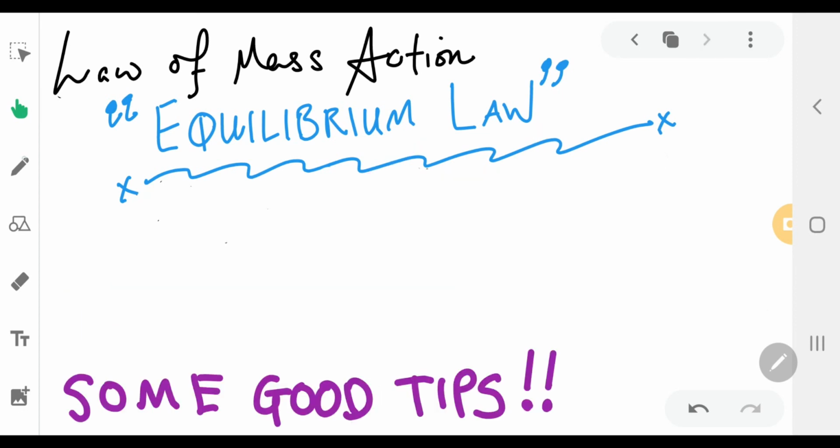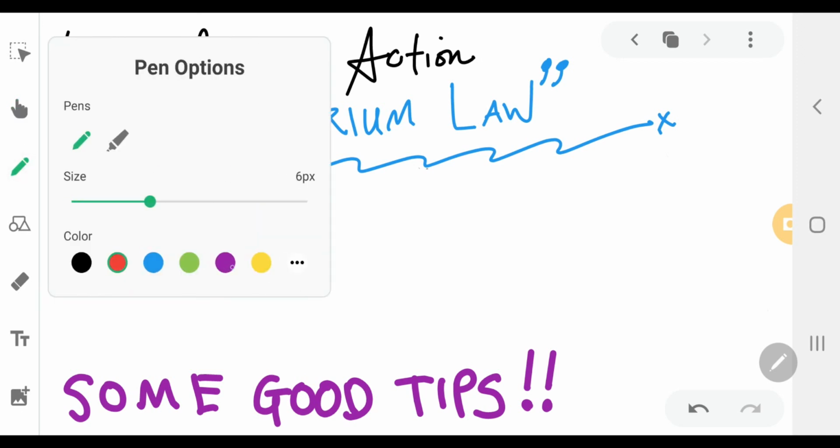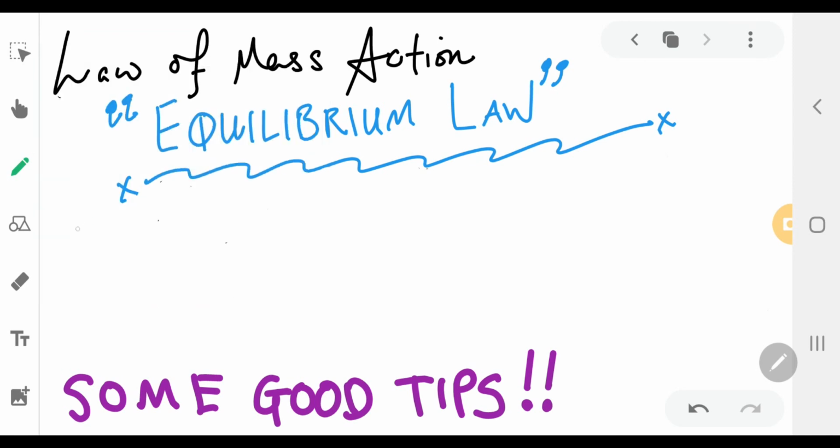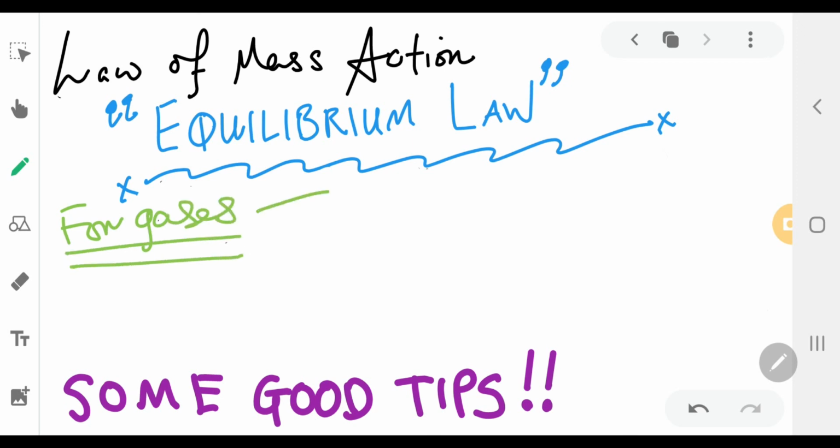So some good tips you need to remember. Always remember that for gases, it will be in the Kc, and it will have Kp as well.